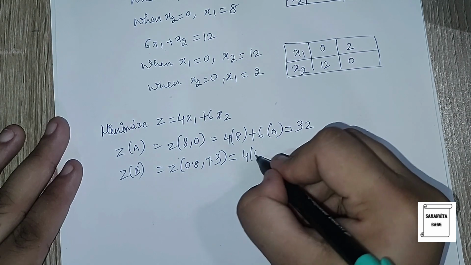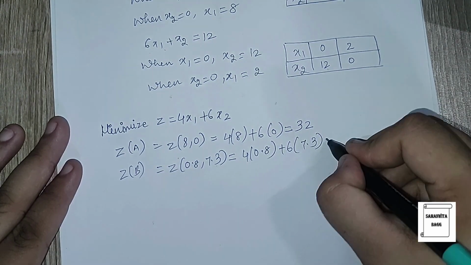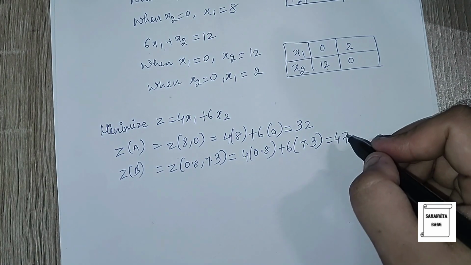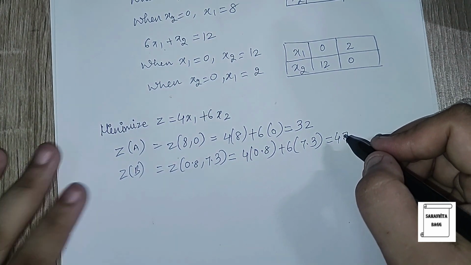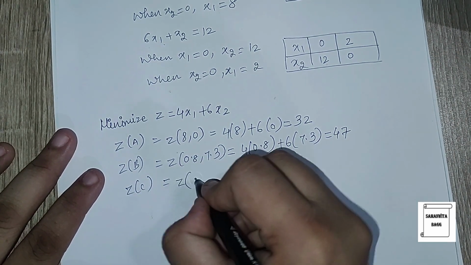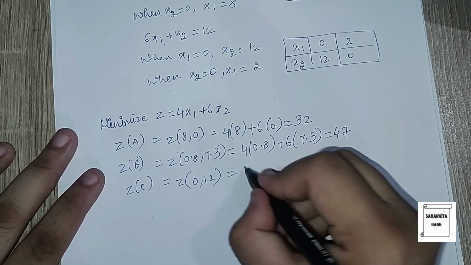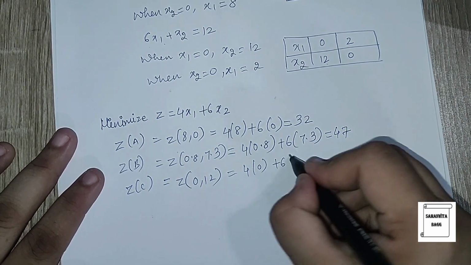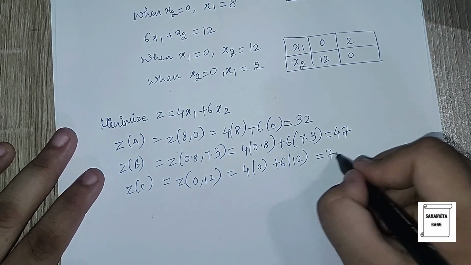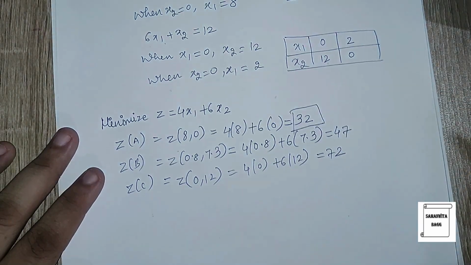So this becomes 4 into 0.8 plus 6 into 7.3. This is 47. And last at point C, C value was 0, 12. So this is 4 into 0 plus 6 into 12. This is 72. Now amongst these three, I will choose the minimum value, that is 32.